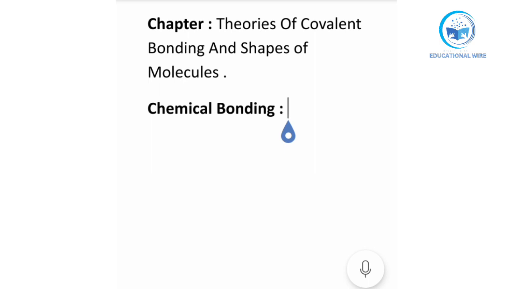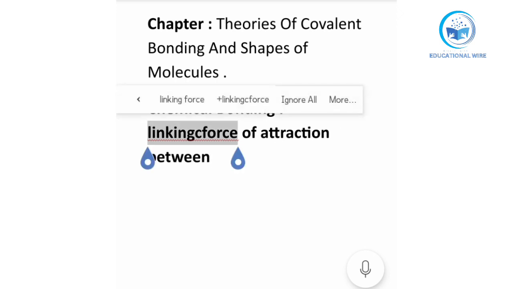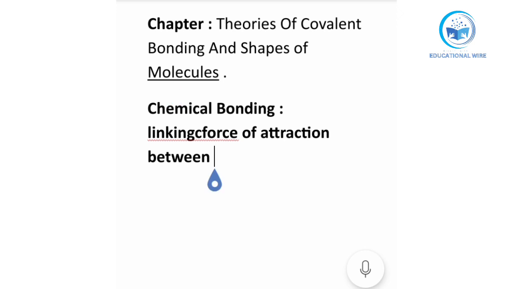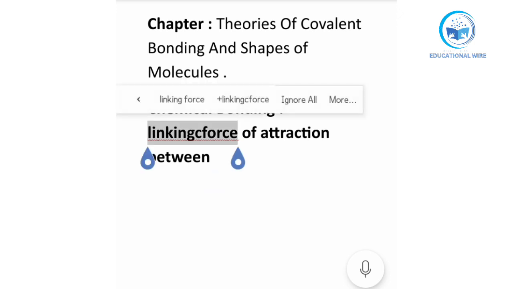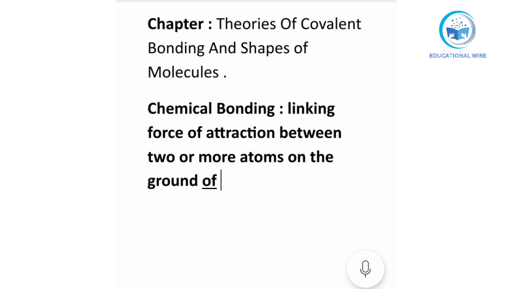The word chemical bonding means the linking force of attraction between two or more atoms on the ground of valence electron.